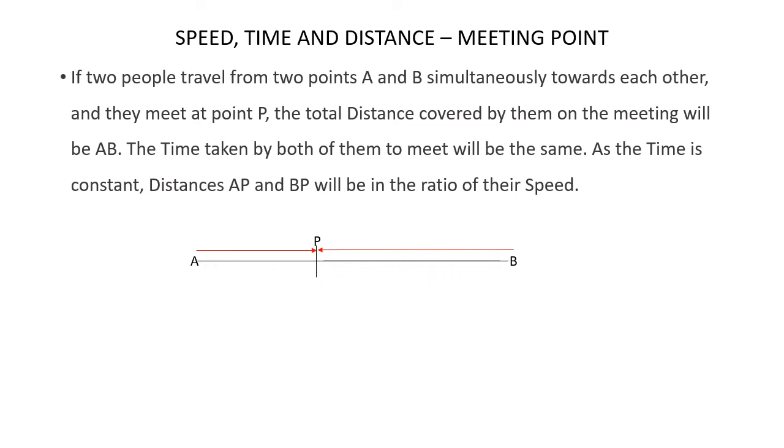So the total distance covered by them on the meeting will be AB. Now, since both the persons have started traveling at the same time simultaneously towards each other, the time taken by both of them to meet will be the same.